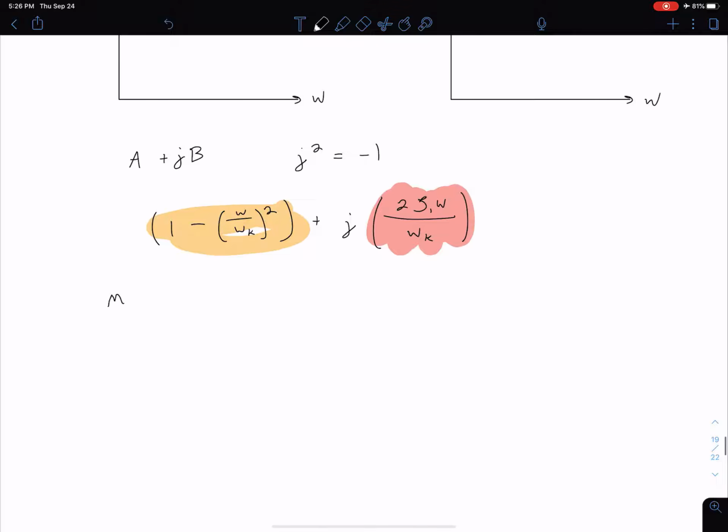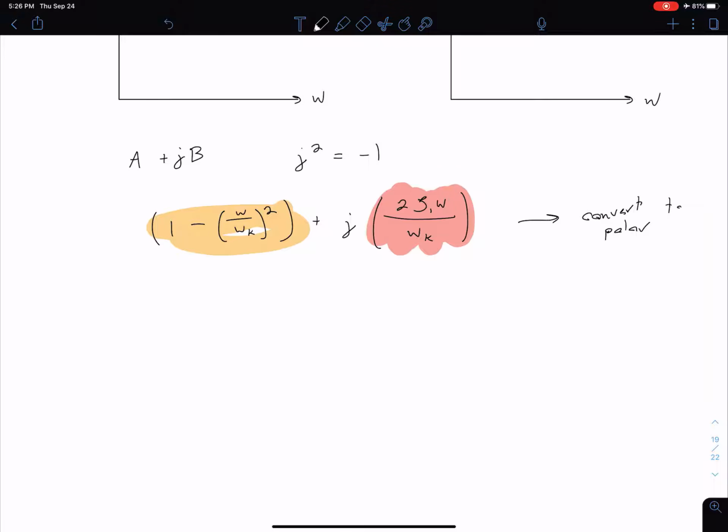So let's take a closer look at our magnitude. Or actually, instead, let's do what we did in our last video and put this in polar form so that we can see our magnitude and phase at first, and then we will look at each one of those in turn. So convert to polar form to more easily see our magnitude and phase.